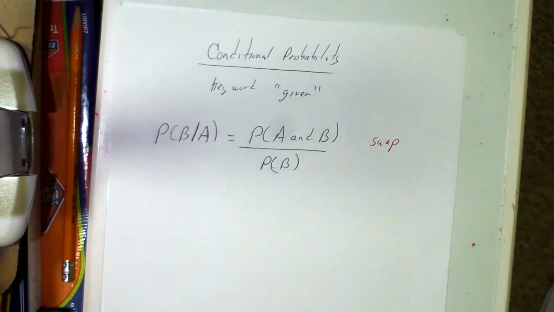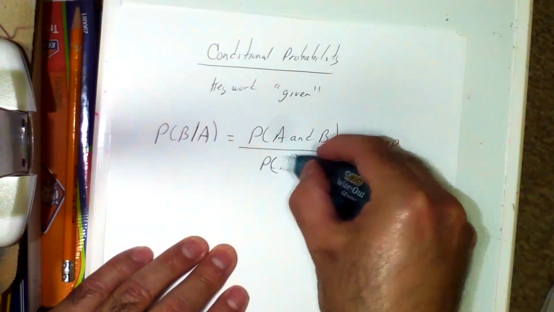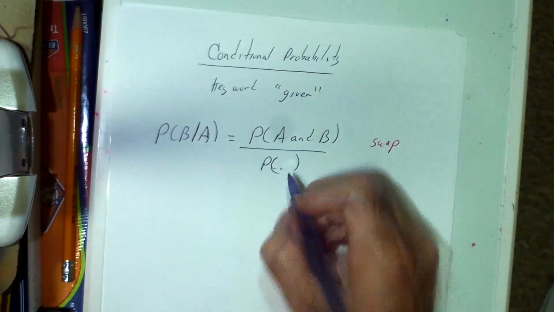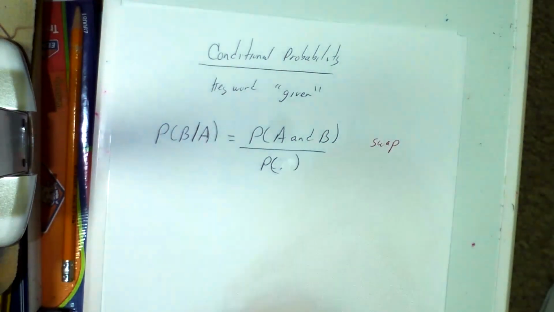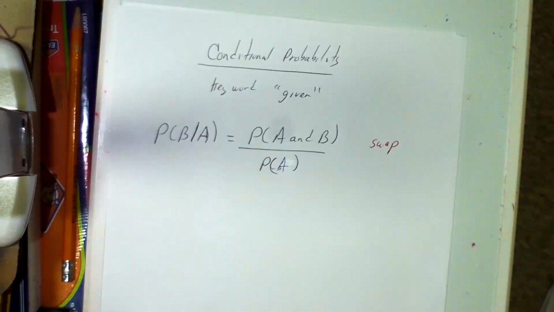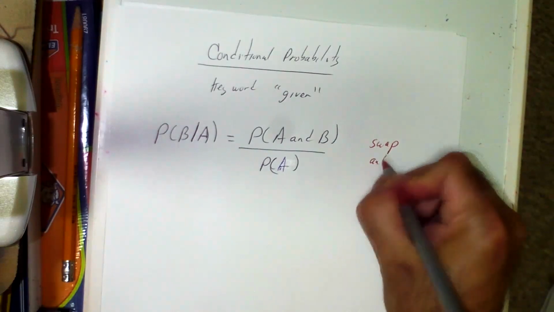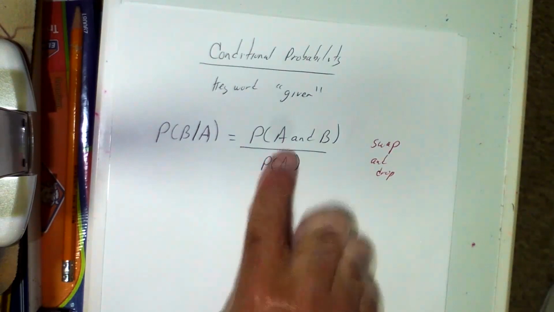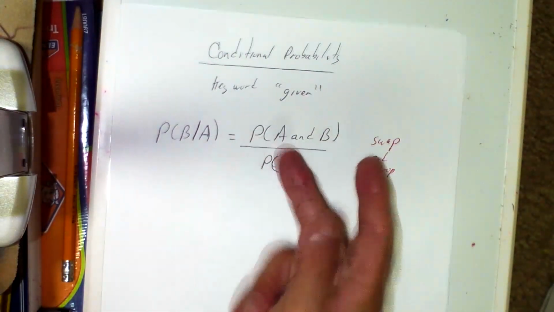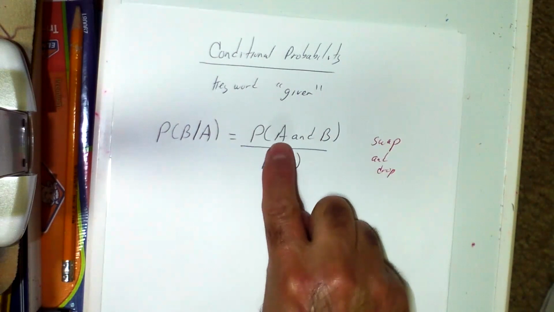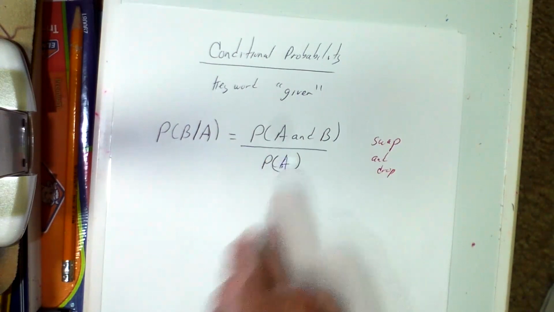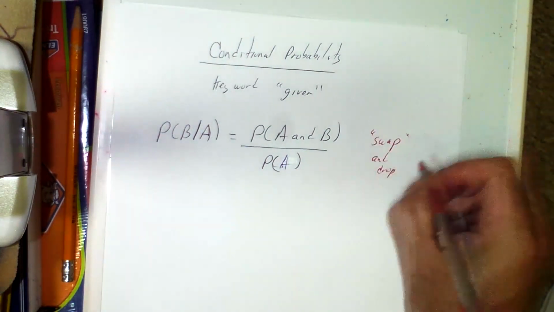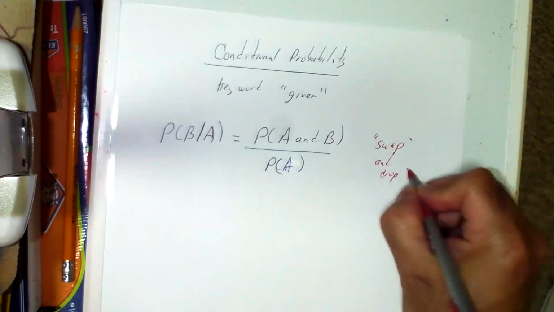Hold on, that should have been an A. Thank you for clarifying that for me. That should be an A. So we call it the swap and drop. We swap them, and then you drop the very first variable down. You just drop it down. So we call it the swap and drop.